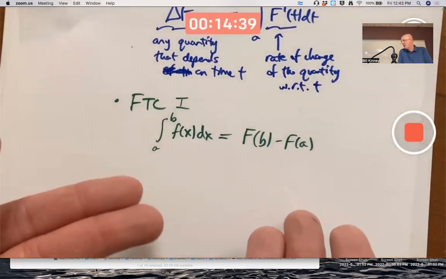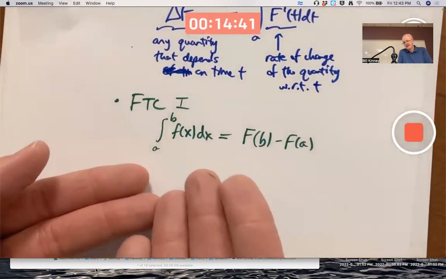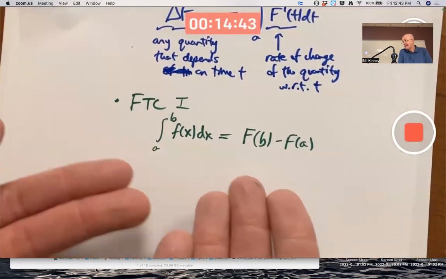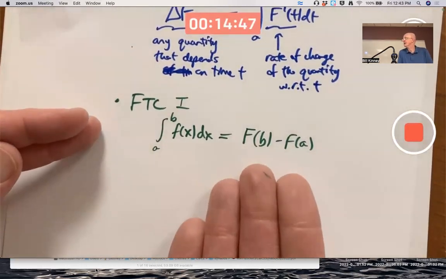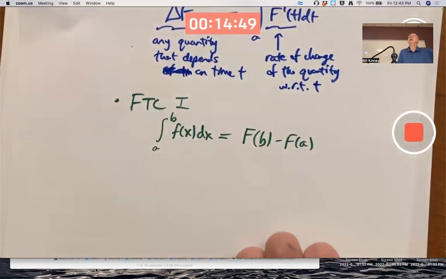It's always true, as long as capital F exists. That's an antiderivative. But it's not always useful because you can't always find a formula for capital F. Thus, we need numerical integration sometimes, because some integrals are just too hard to do, or even, you might say, technically impossible to do symbolically. They're just too hard.